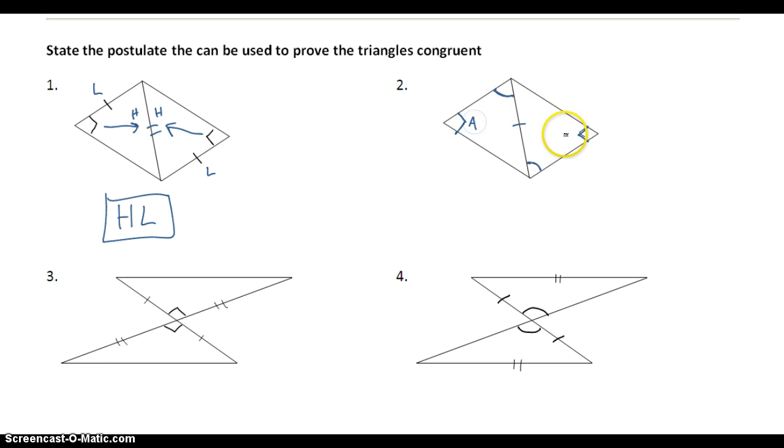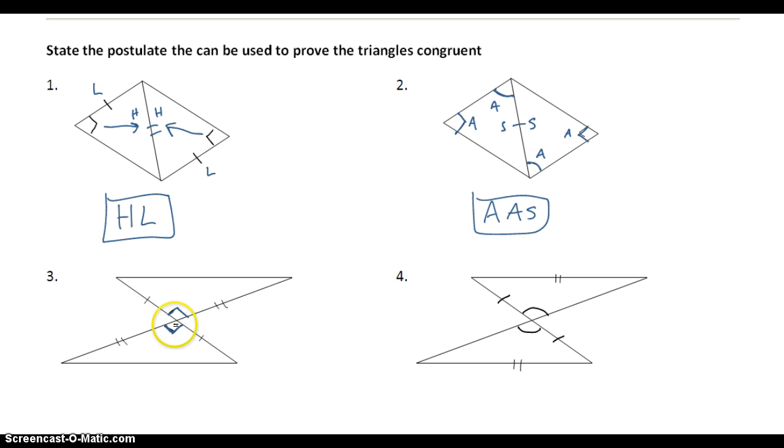So in this second example, even though I have right angles, that doesn't automatically mean that I have HL. In this case, I actually have angle, angle, side. So don't assume that if you see a right angle, it has to be hypotenuse leg. Look at example 3. We have a pair of congruent vertical right angles.